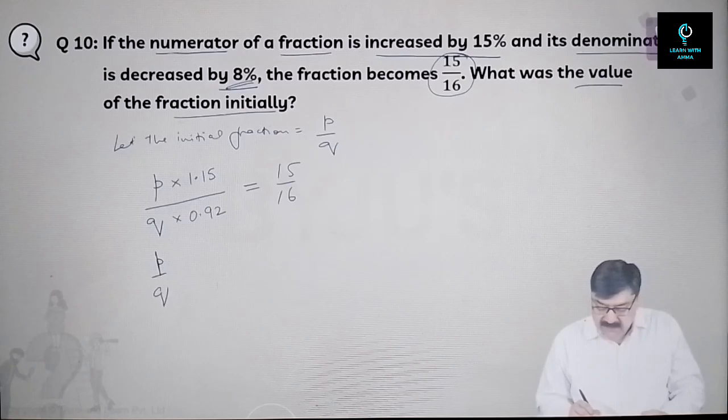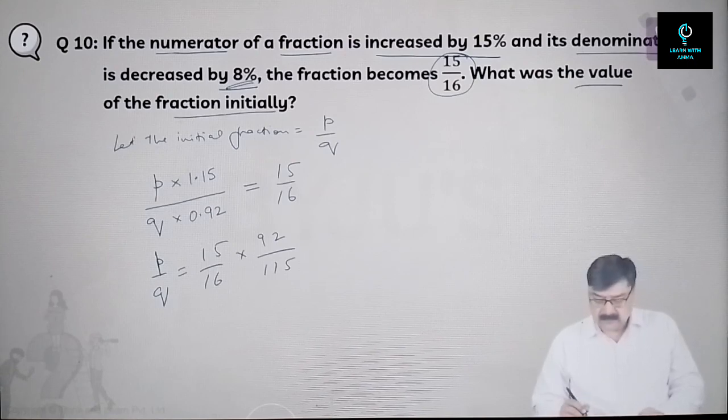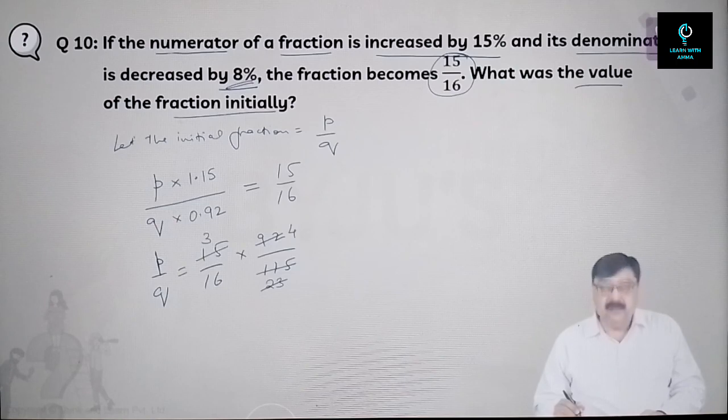So simple calculation we will do here. 15 by 16 into 92 by 115. Right, we are just cancelling these decimals here. So let us cancel the numerators and the denominators here. So 5 3s are 15, 5 2s are 10, so 3s are 23. 23 into 4 is 92. 4 into 4 is 16.